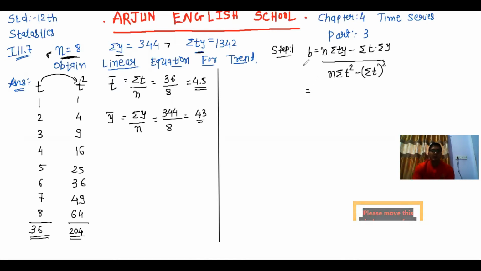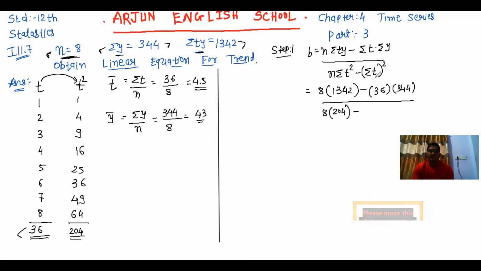Now the value of n is 8, sigma ty is 1342, sigma t, total of t, is 36, sigma y, total of y, is 344, divided by the value of n, 8, the value of sigma t square is 204, minus sigma t, total of t, that is 36, and whole square.